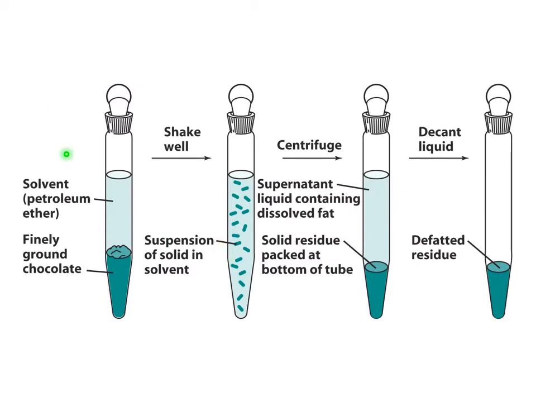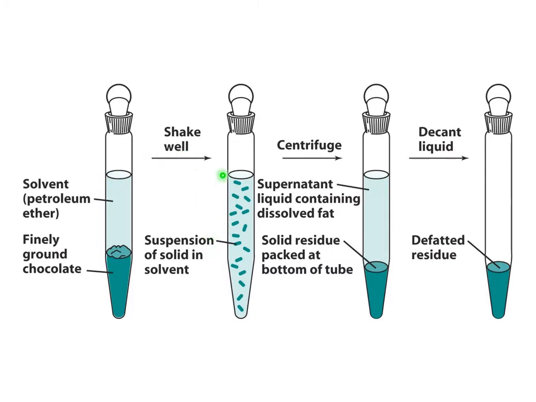Now, chocolate is insoluble in water and it has lots of fat, which is cocoa butter. We need to remove this fat. The easiest way is to put finely ground chocolate and add some organic solvent. The cheapest would be petroleum ether. You can put hexane or heptane instead. Shake it well.